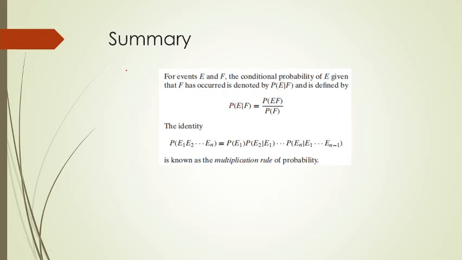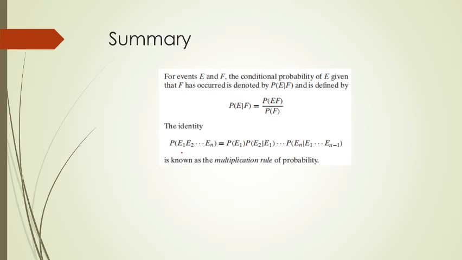For events E and F, the conditional probability of E given that F has occurred is denoted by this conditional probability, and it is rewritten in this way. There is no problem.